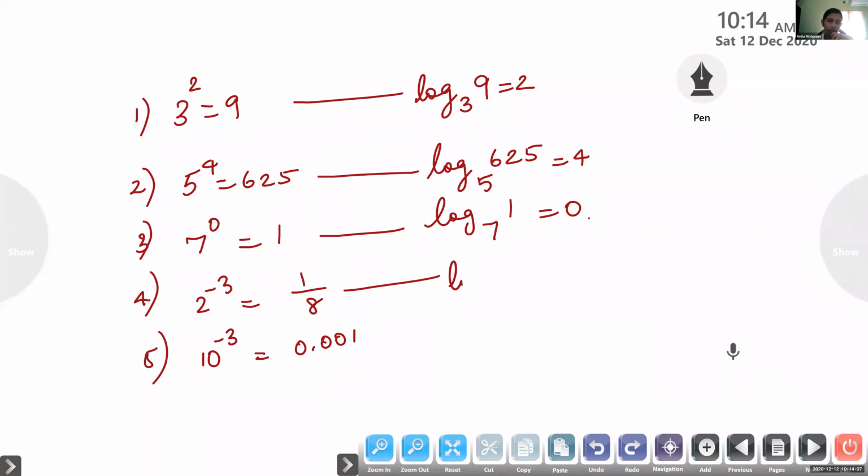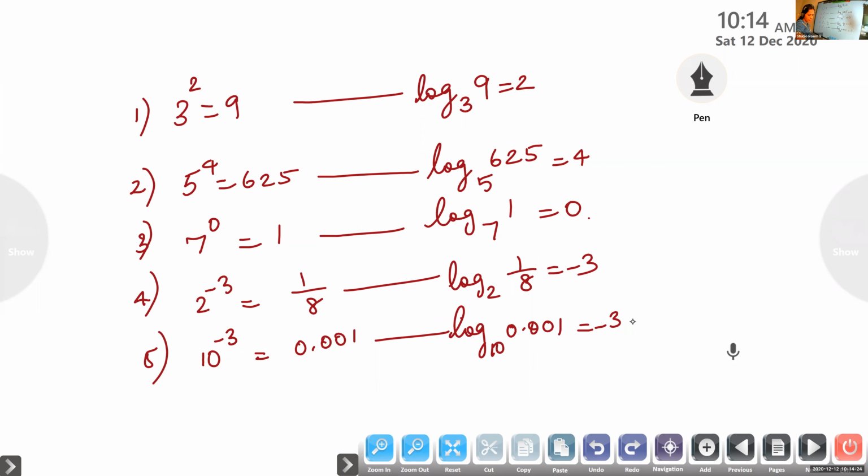Log 1 by 8 to the base 2 is equal to minus 3. Yes, correct. Karthik. Log 0.001 to the base 10 is equal to minus 3. Okay.